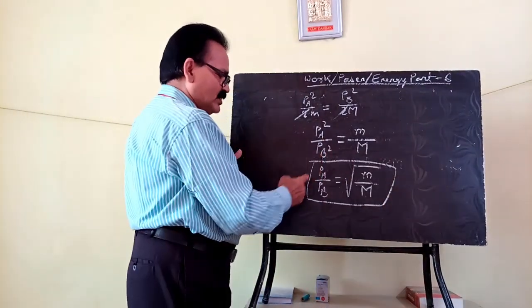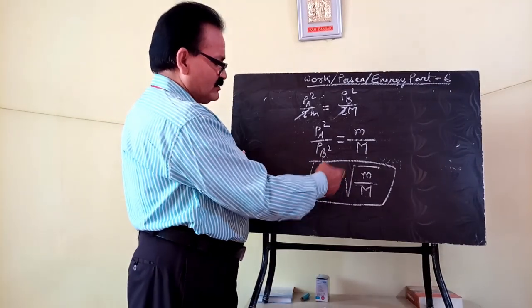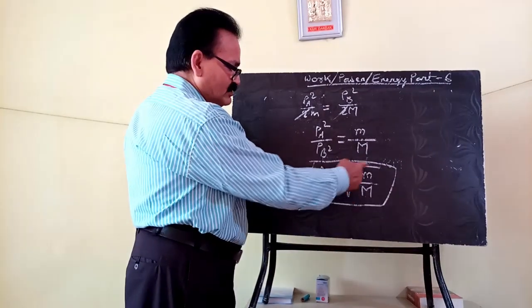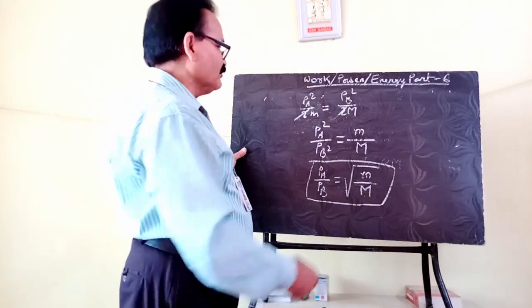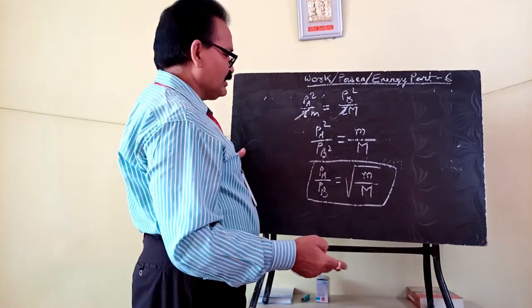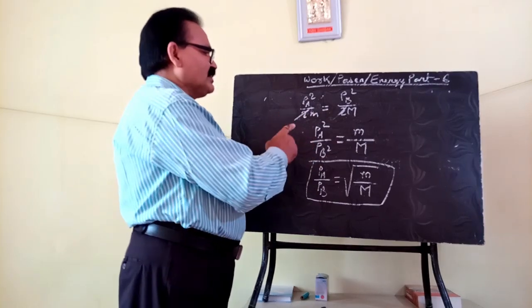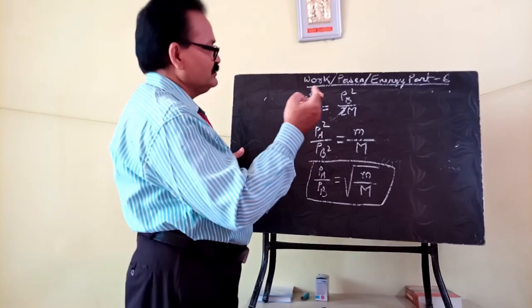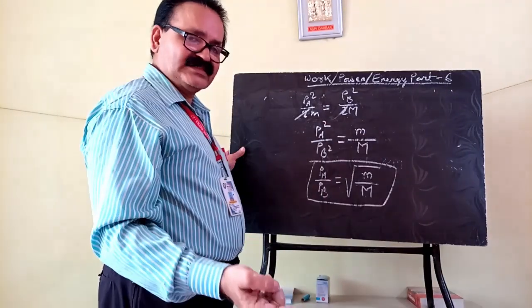This is the relation between the ratio of their momentum and the ratio of their masses. When their kinetic energy are same, then the square root of the ratio of their masses will be equal to the ratio of their momentum. And on the other hand, if the momentum is same, then ratio of their kinetic energy will be equal to the ratio of their corresponding masses.